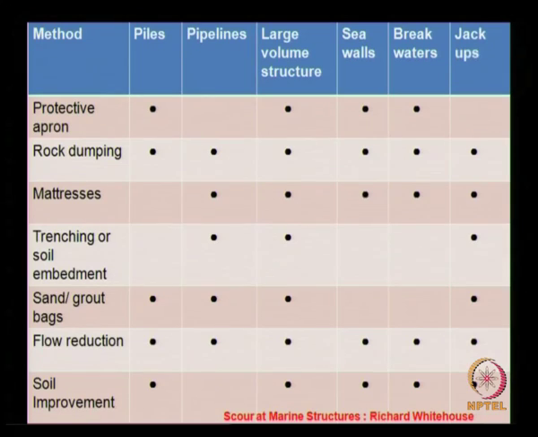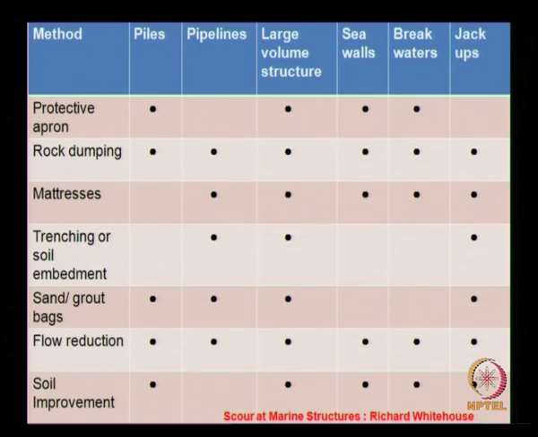So you have on the top the types of structures. This I have taken from Richard Whitehouse from his book Scour around marine structures: piles, pipelines, large volume structures, sea walls, breakwaters, jack-up rigs. These are the variety of structures that are in existence in the marine environment, in the ocean or in the coastal zone.